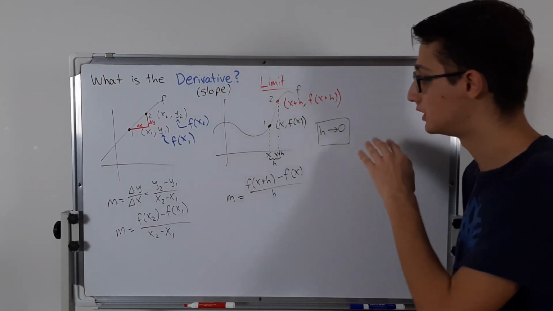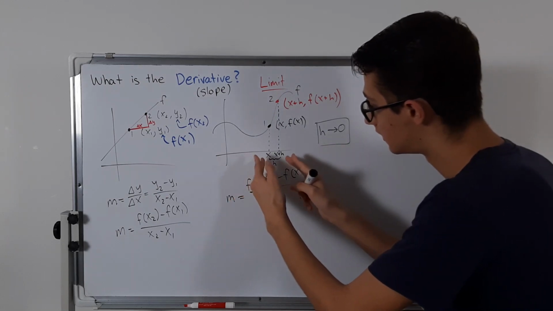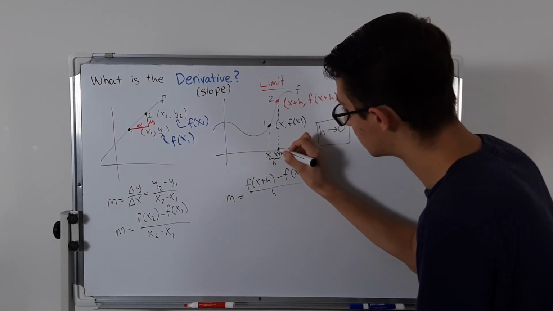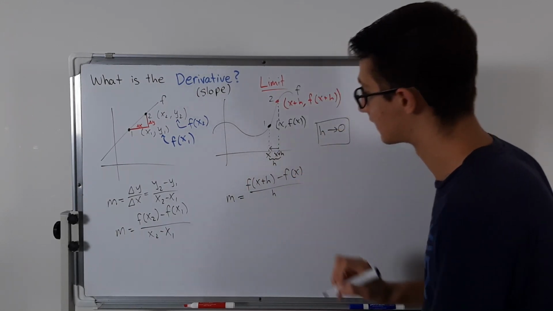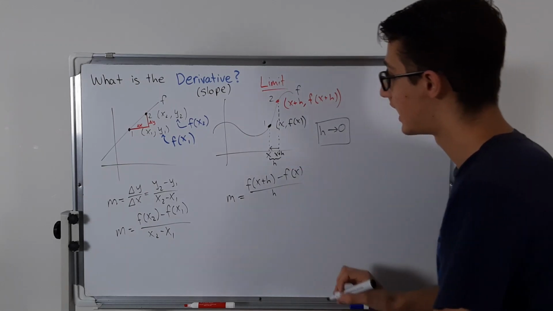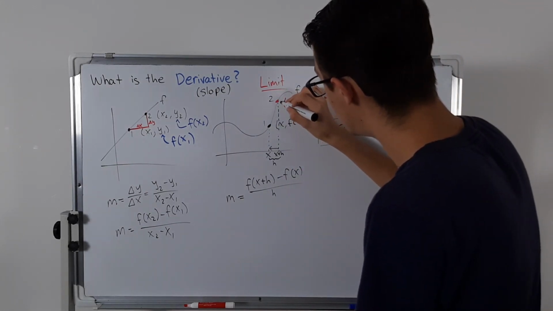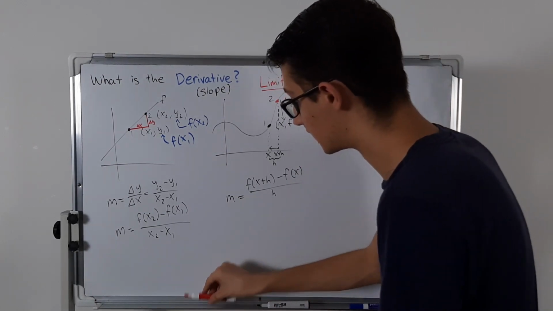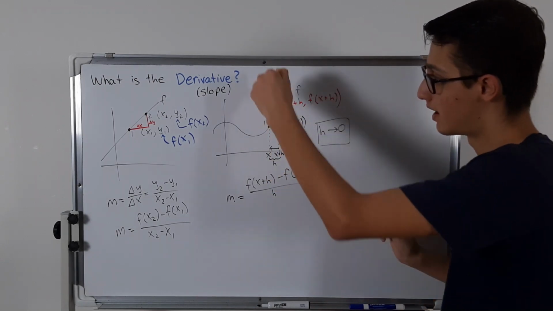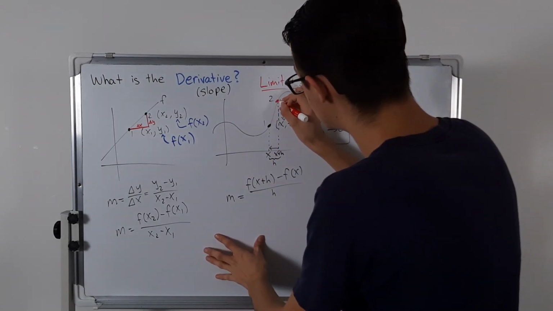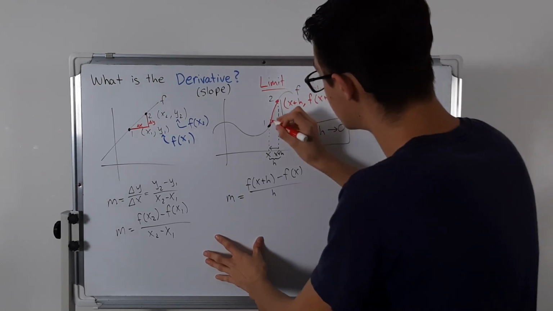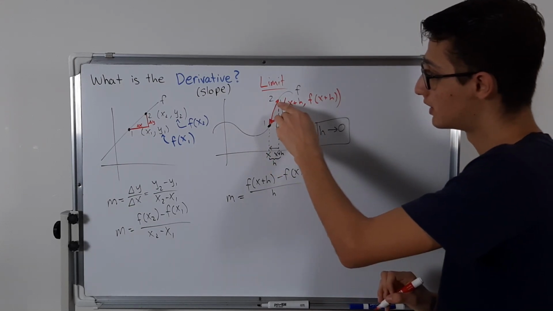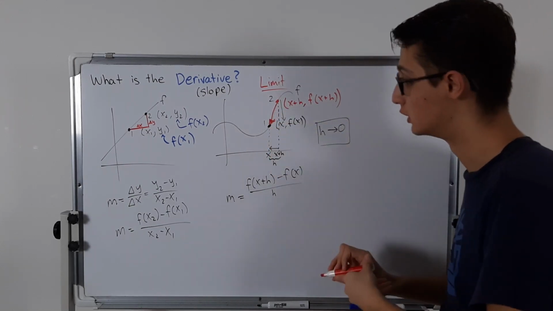As h goes to 0, so that difference in the x's goes to 0, this x value here moves closer to the real x value that we're trying to actually find, and as a result, the function also moves down, and as a final result, because the x value is moving this way and the y value is moving that way, the function is moving here, and so it ends up at that point. So we basically move this point down to here using a limit.